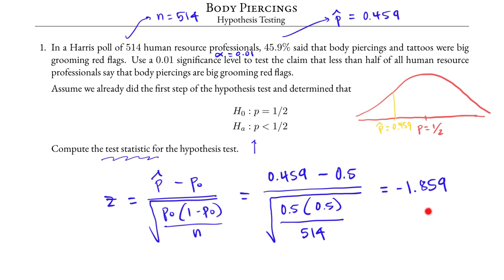And this standardized value, this test statistic, will allow us to determine how extreme such a value is that we obtain from our sample. The further away from 0 this test statistic is, the more unusual it is for us to obtain such a sample.